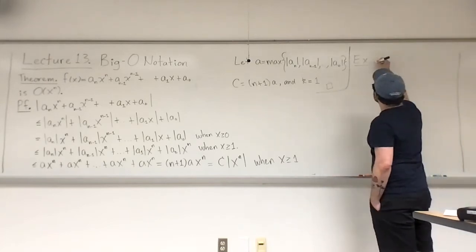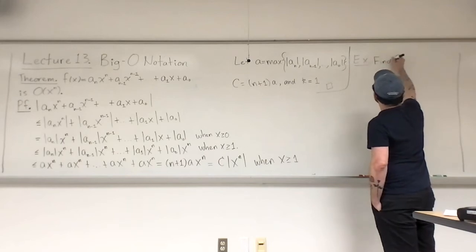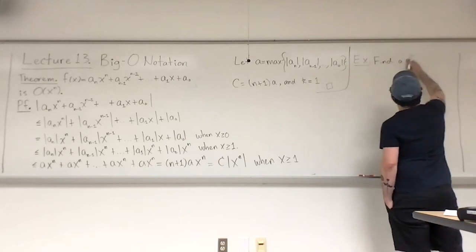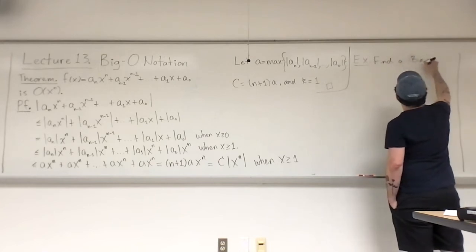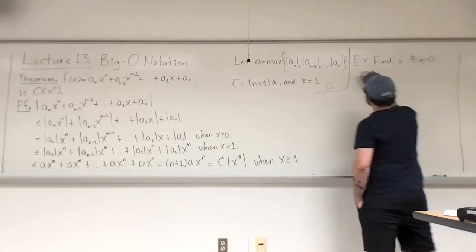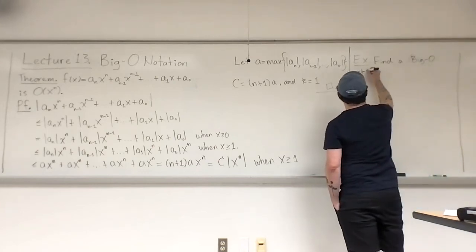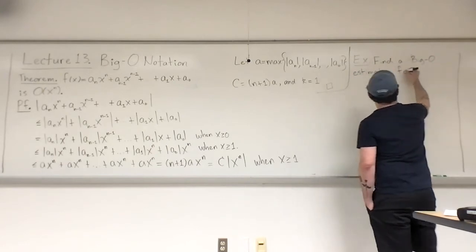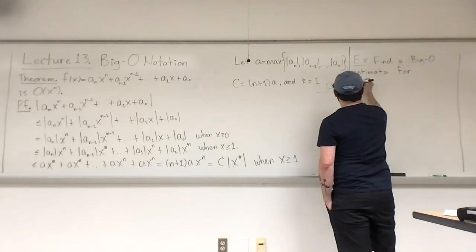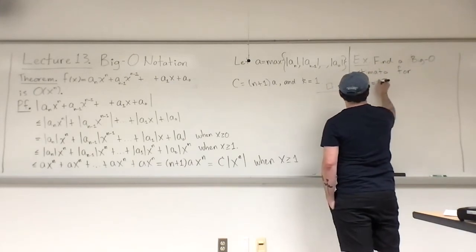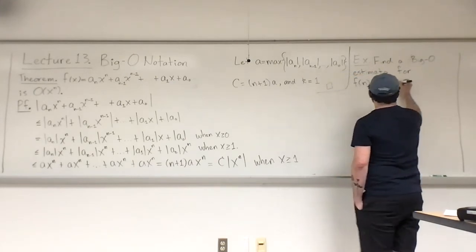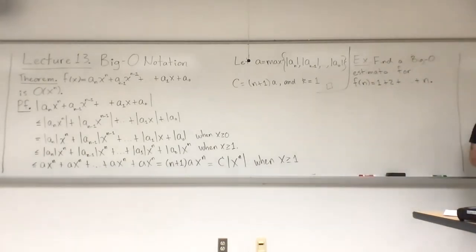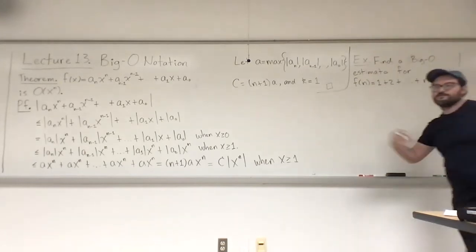So find a big O estimate for f of n equals 1 plus 2 plus dot dot dot plus n. So find a big O estimate now, not just show it, but find it.